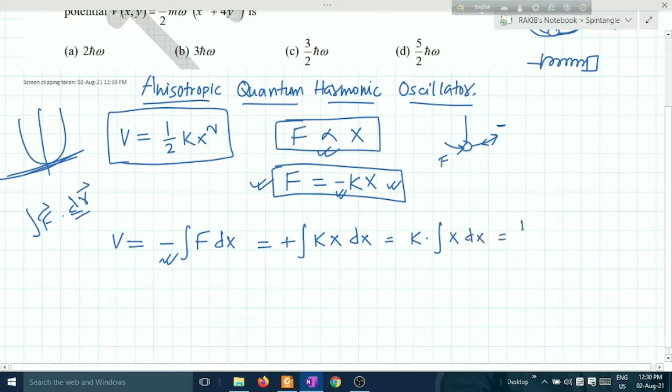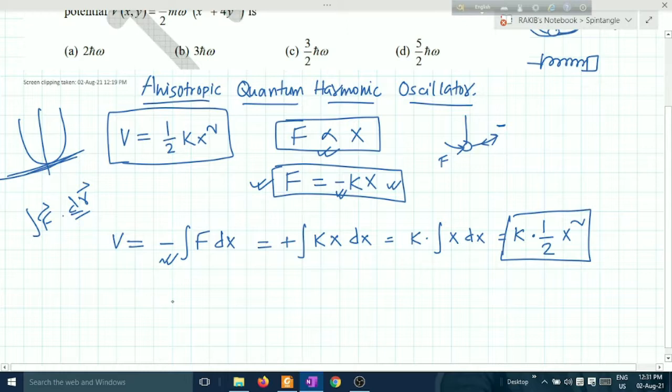In solving the integration we get half x square, excluding the constant term. I am just writing it as a general approximation method.